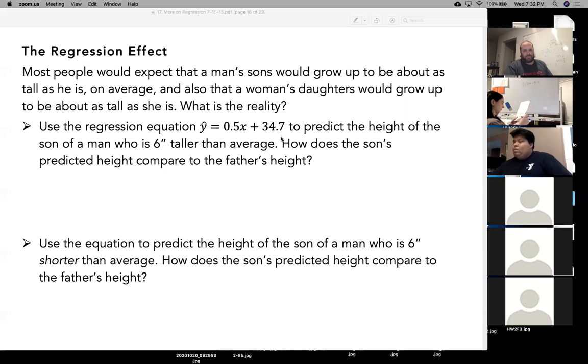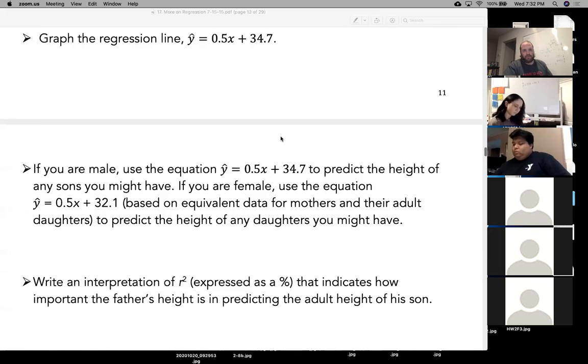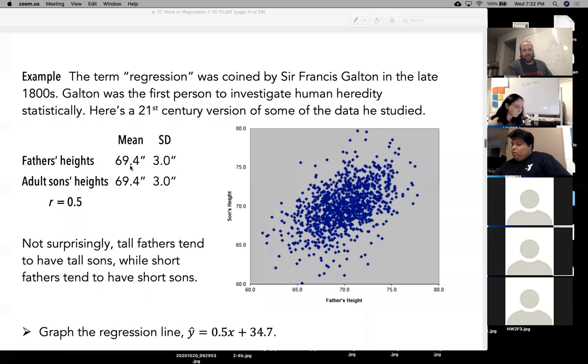I think what we have to do for this one is go all the way back to here. The average father's height is 69.4 inches, correct? So let's write all this information down. Let's use this information to see if the best fit line that they gave us is actually accurate or not. So copy this information down because we're going to scroll down to another page.